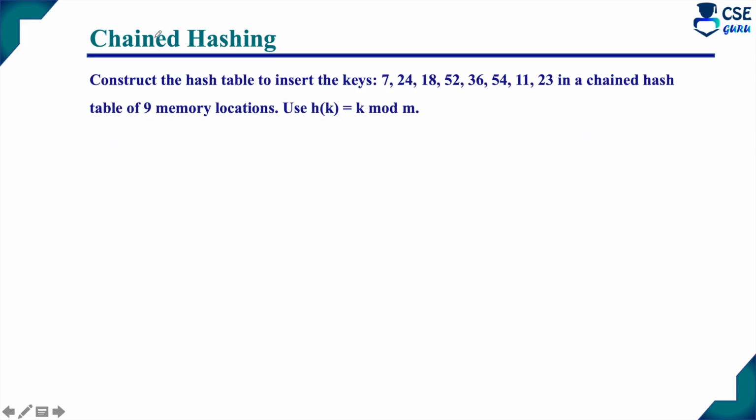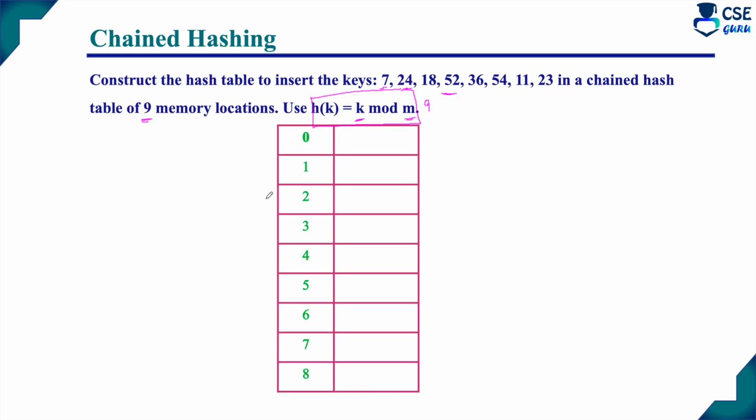Now we have to construct the hash table for these given data elements in a chained hash table with 9 memory locations, and we have to use the function h(k) = k mod m. Here k is the key, that is the element, and m is the 9 memory locations they have given, so we have to consider 9. First step, create a memory space of totally 9 memory locations, starting from 0 to 8.